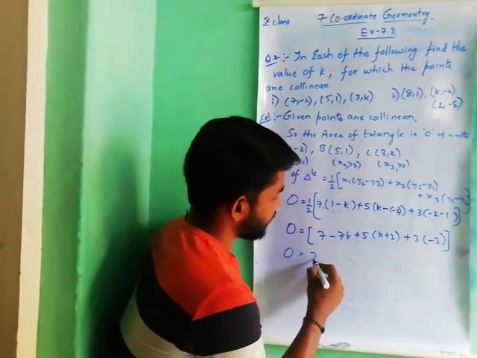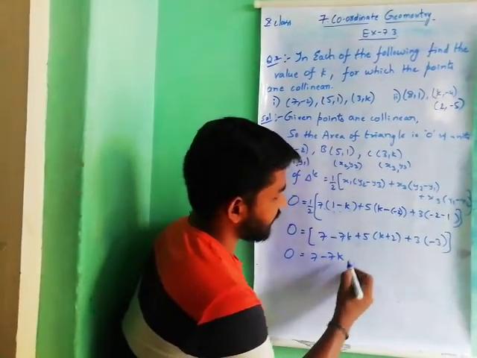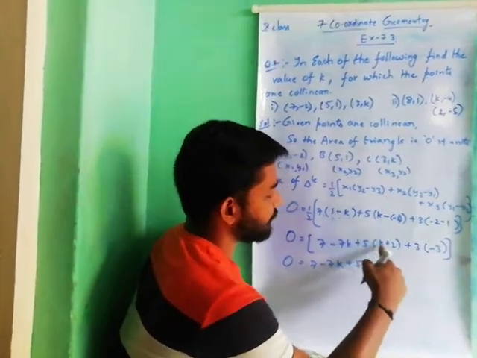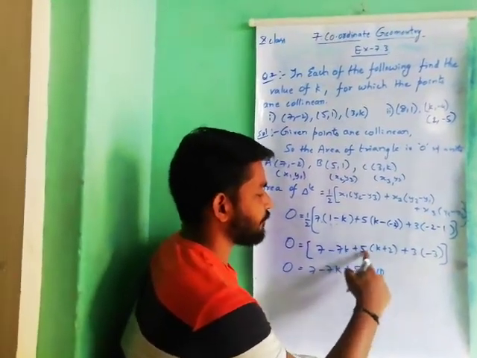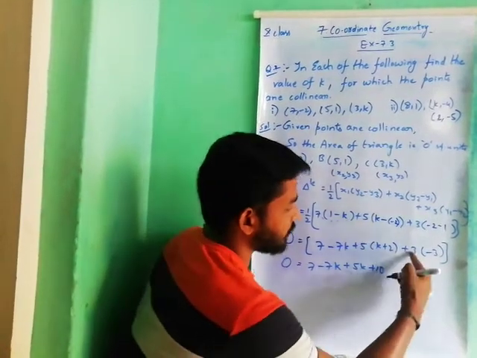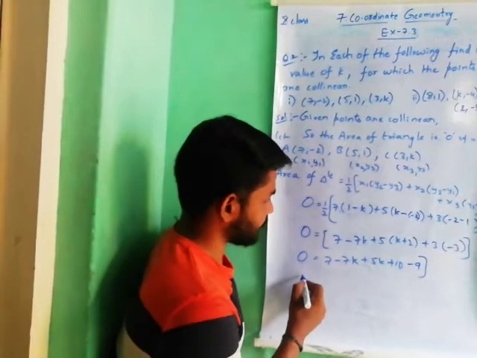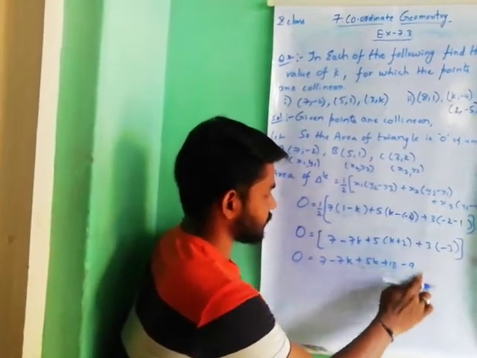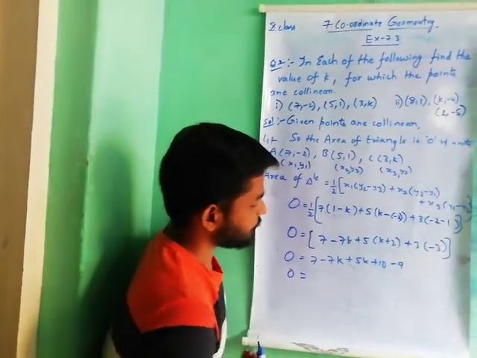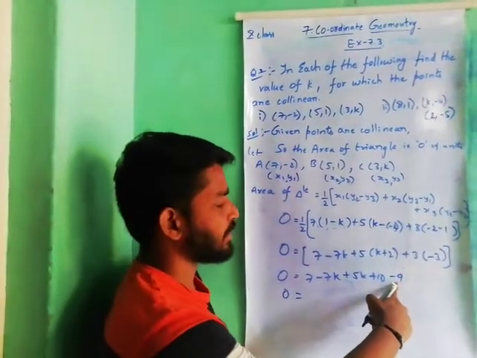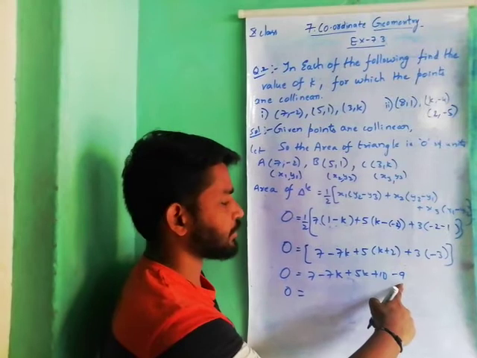So 7 minus 7k plus 5k plus 10. 5 into k is 5k, and 5 into 2 is 10. 3 into minus 3 is minus 9. Okay, equal to 0.